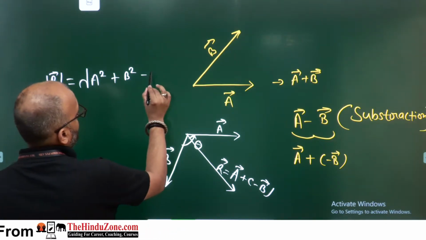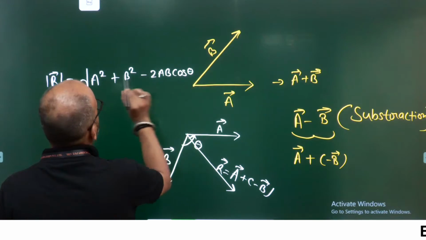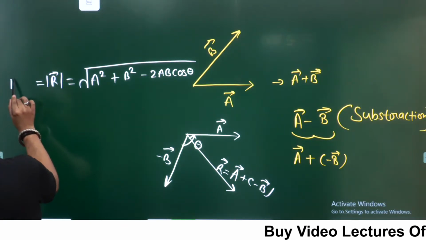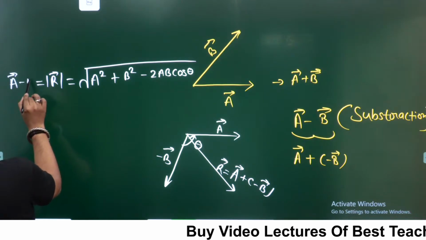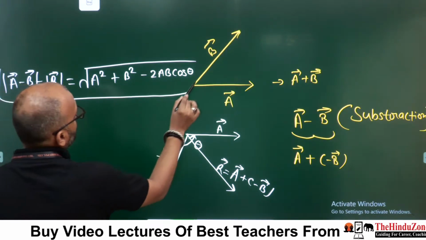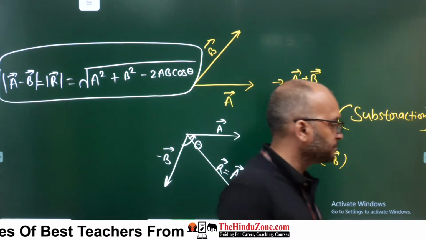So minus 2ab cos theta. So that is the formula for the magnitude of subtraction of two vectors when two vectors are getting subtracted. Clear?